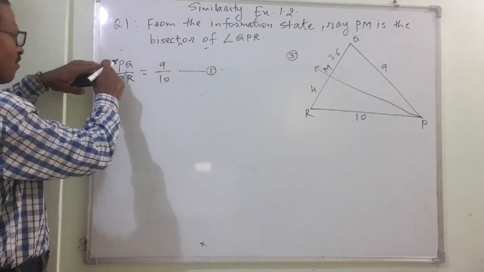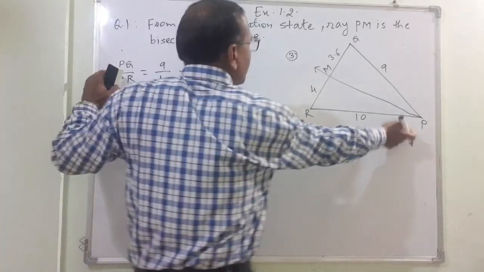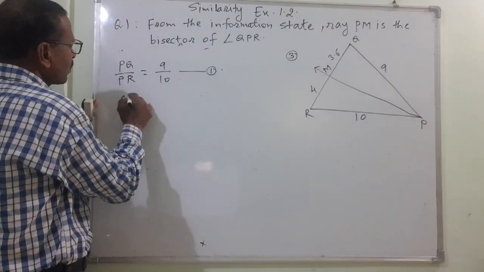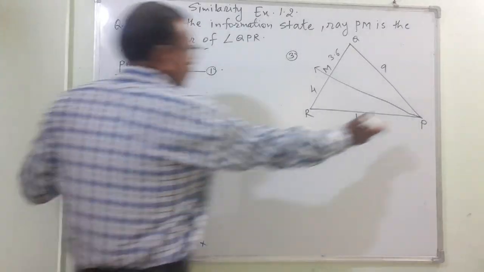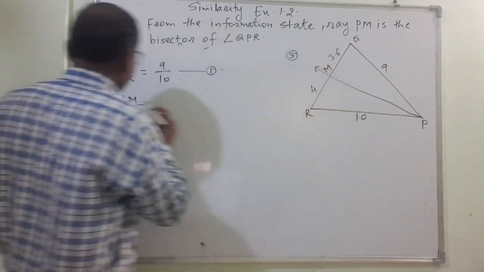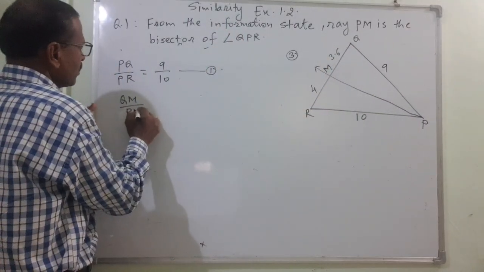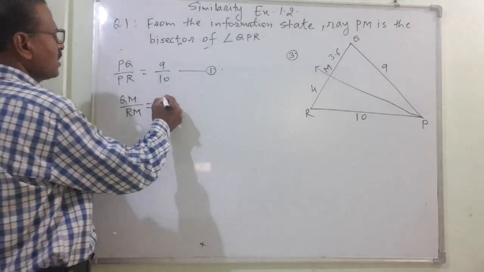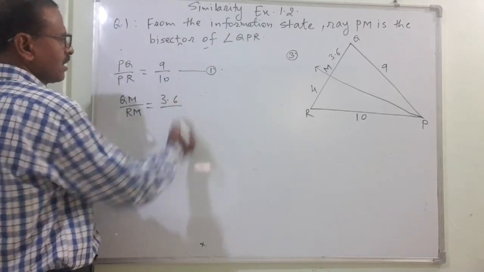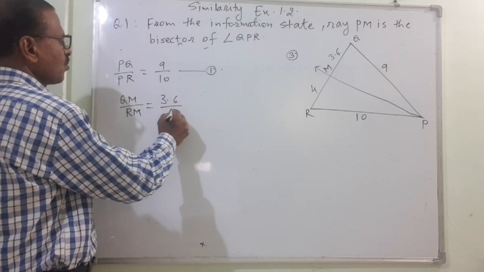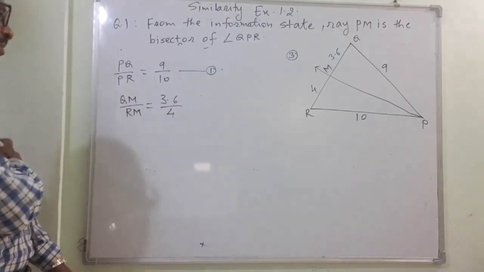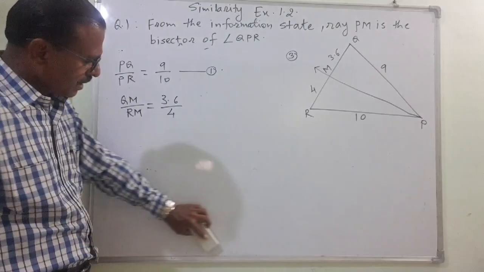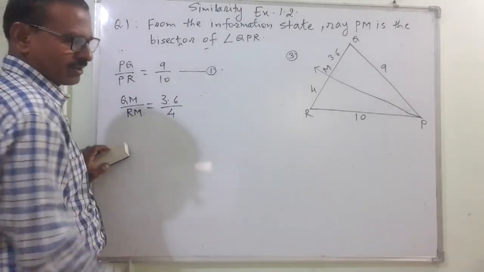Now see, PQ. So next leg will be QM upon PR. So upon will be RM. Don't leave the sequence. So QM is how much? 3.6. RM is how much? 4. Okay. Now if the decimal is in the denominator, we shift it.